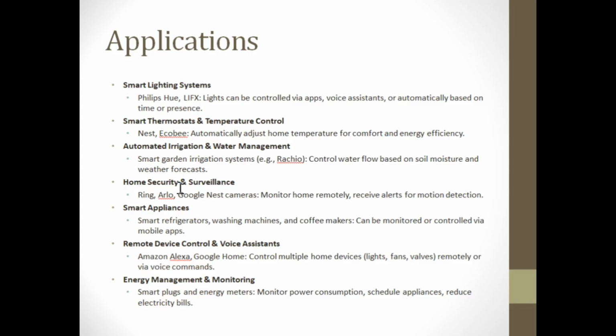Home security and surveillance is also done: Ring, Arlo and Google Nest cameras monitor the home remotely and send alerts from motion detection. Smart appliances like smart refrigerators, washing machines and coffee makers can be monitored or controlled via mobile apps. Remote device controllers and voice assistants like Amazon Alexa: now we all use Amazon Alexa and Google Home to control multiple home devices at a time, for example lights, fans, valves.